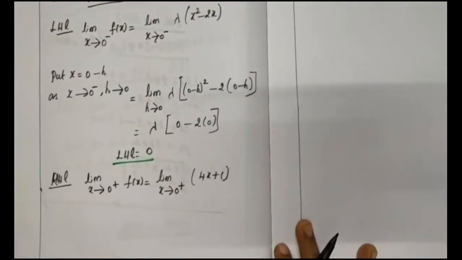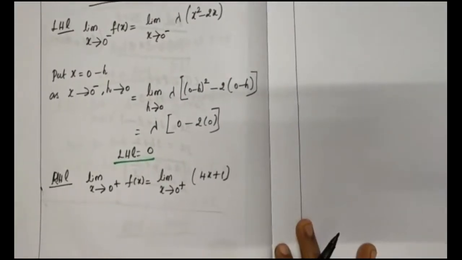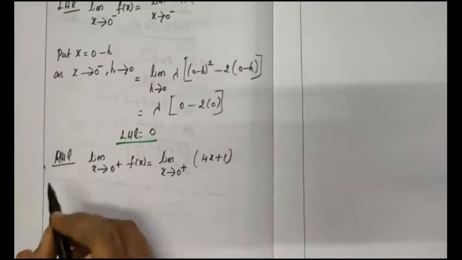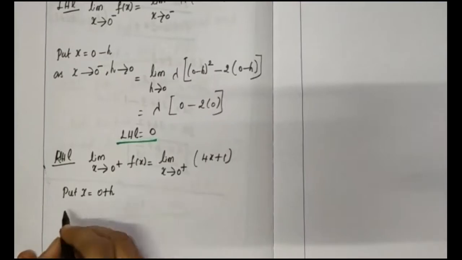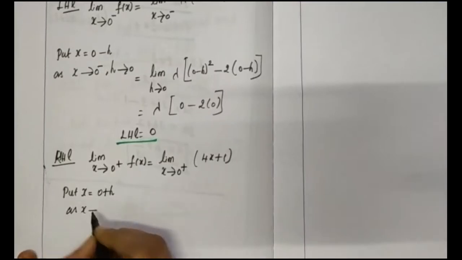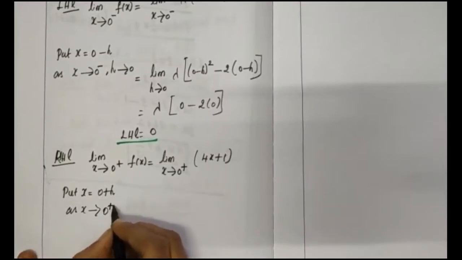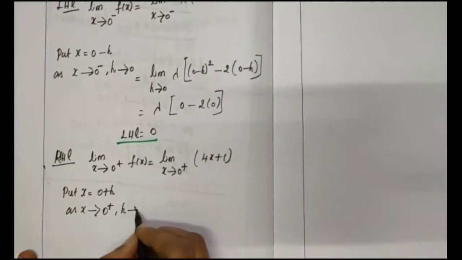Put x is equal to 0 plus h, as x tends to 0 plus, h tends to 0.